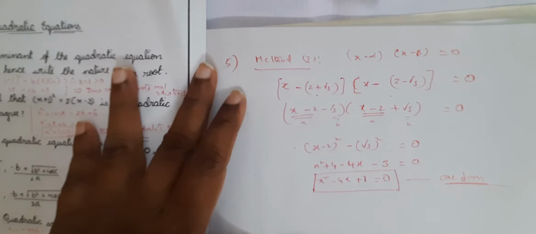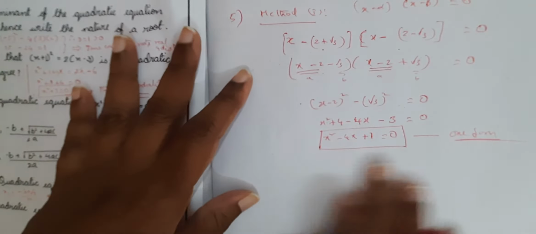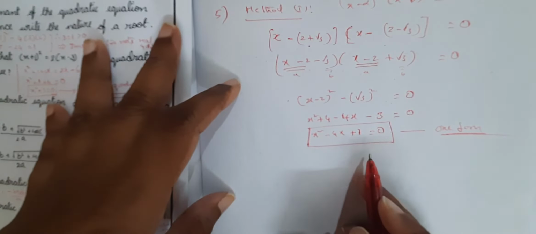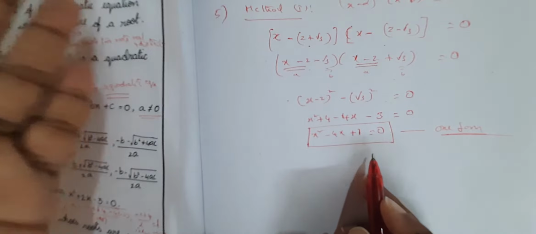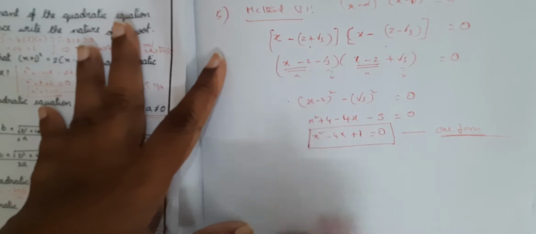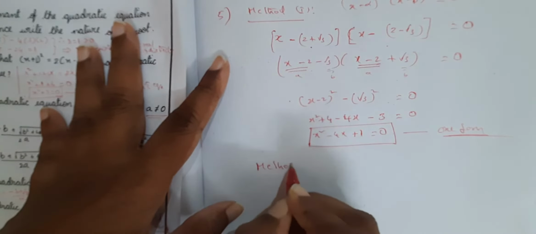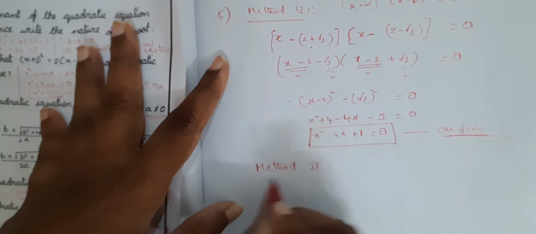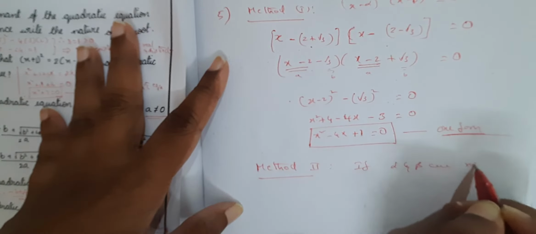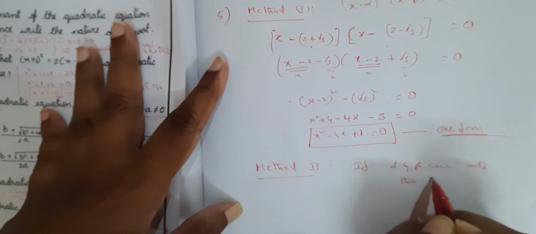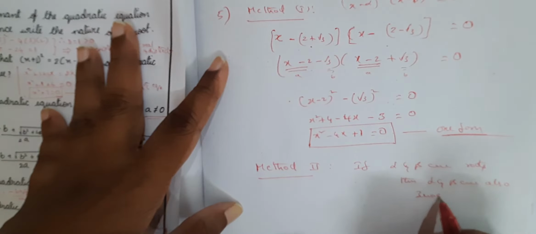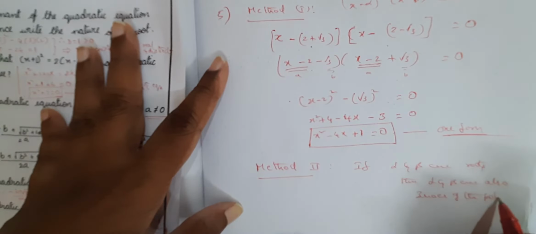That is using quadratic polynomial. See, whenever alpha and beta are the zeros of the quadratic polynomial, or alpha and beta are the roots of the quadratic equation, they are also the zeros of the quadratic polynomial. Right? So method 2. If alpha and beta are roots, then alpha and beta are also zeros of the polynomial.